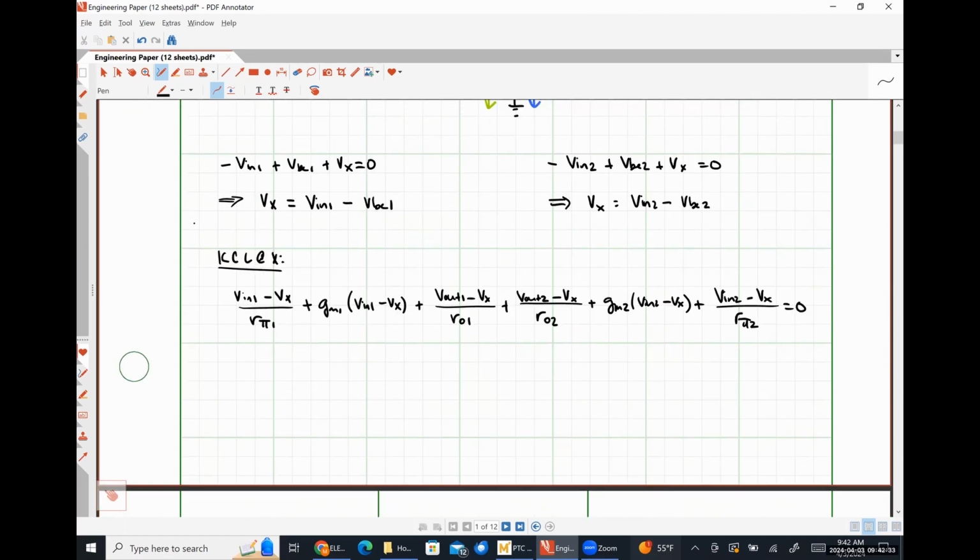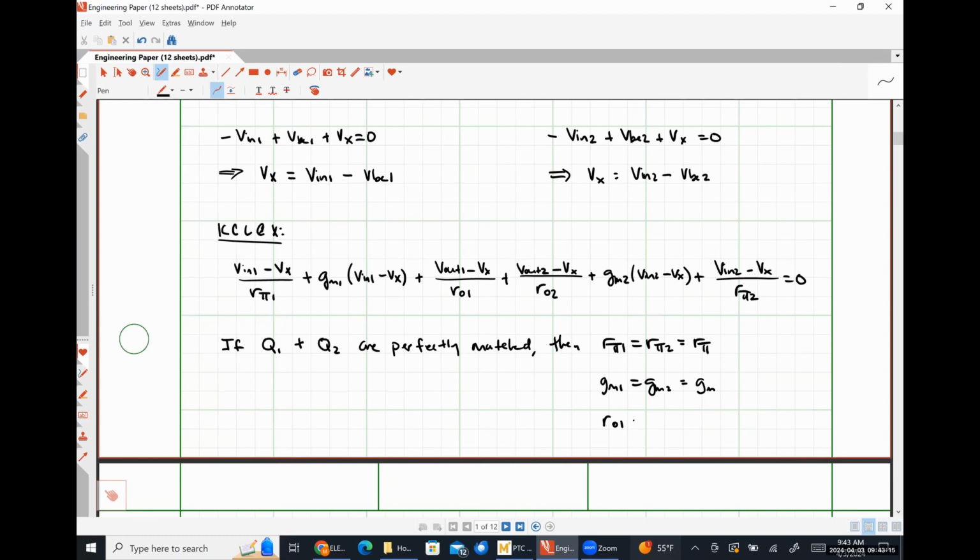So I can see that I have a Vn1. Actually, let's make an assumption here. If Q1 and Q2 are perfectly matched, then R pi 1 has to equal R pi 2, so we'll just call this R pi. gm1 would have to equal gm2, so we'll just call that gm.